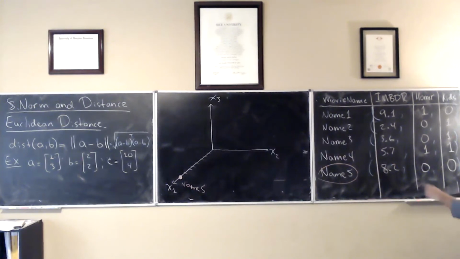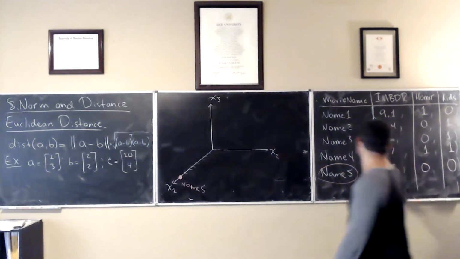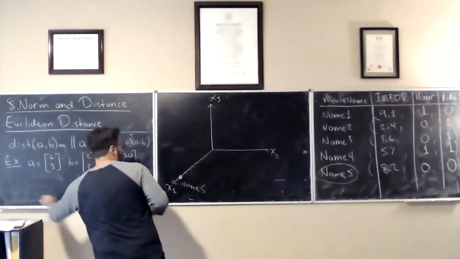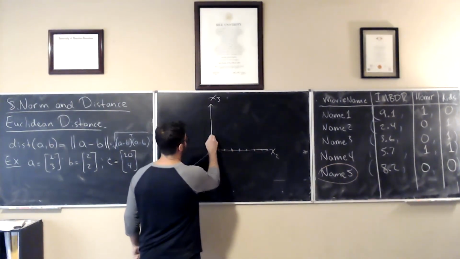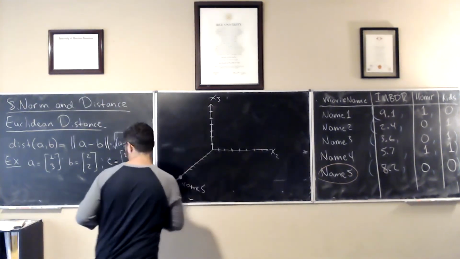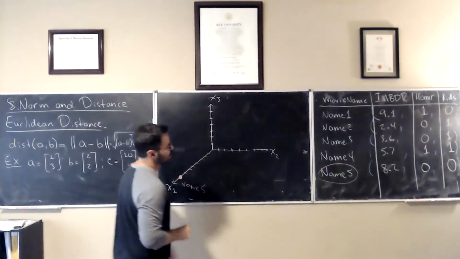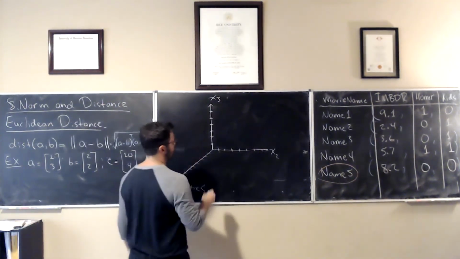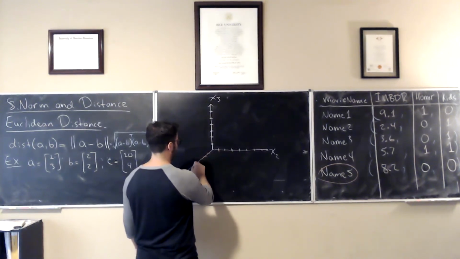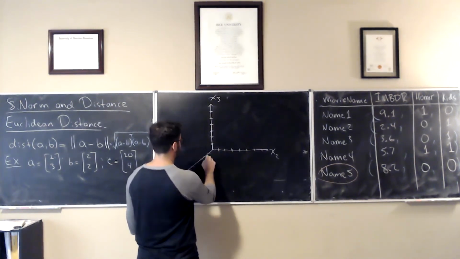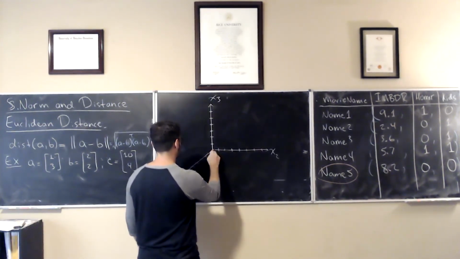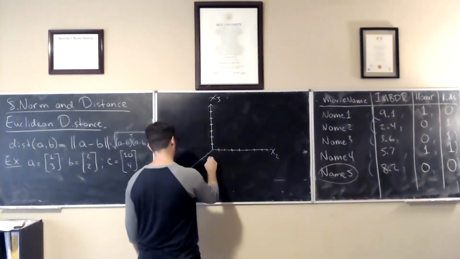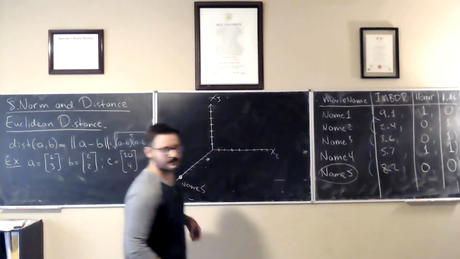Well, we can treat each of these movies as vectors in space. They have 3 entries each, so let's do that. Name 4 maybe would be 1, 2, 3, 4, 5, and then over there up 1. So there's that point in space. And these are all vectors, right? These are ordered triples.